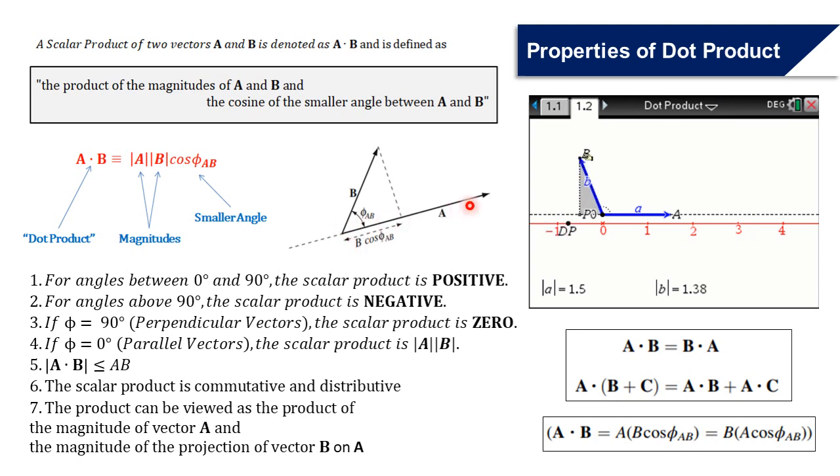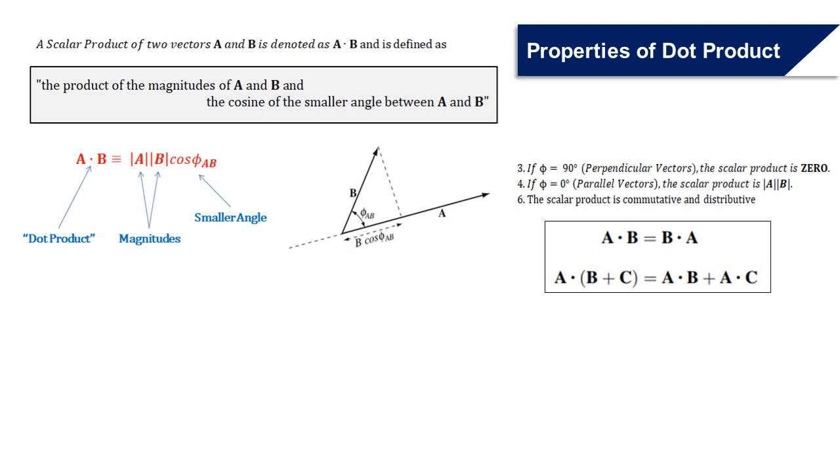So, magnitude times the projection. Yun yung ating scalar product or dot product. Okay? So, pakitandaan lang itong mga properties na ito dahil magagamit natin yan when we solve yung mga dot product or scalar products. Okay?